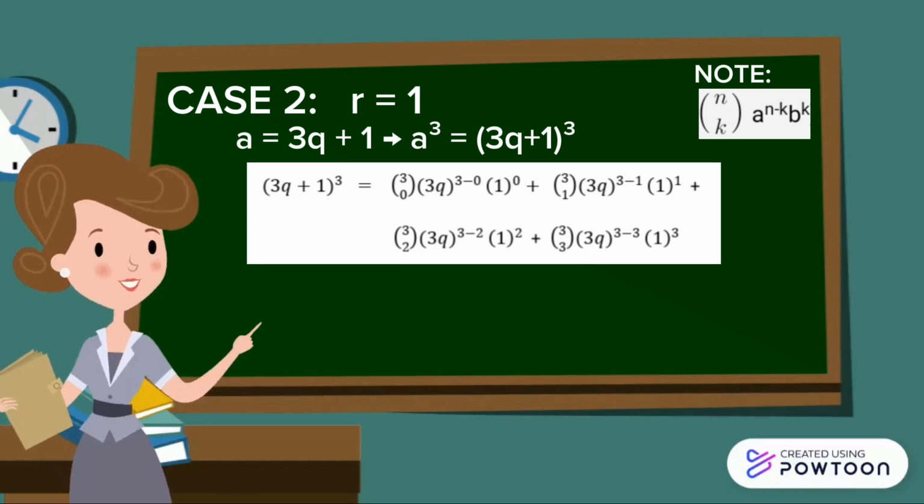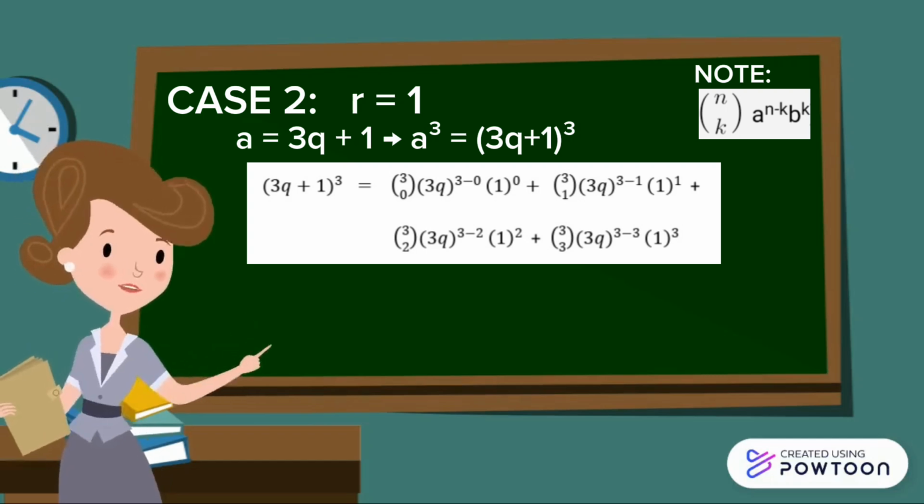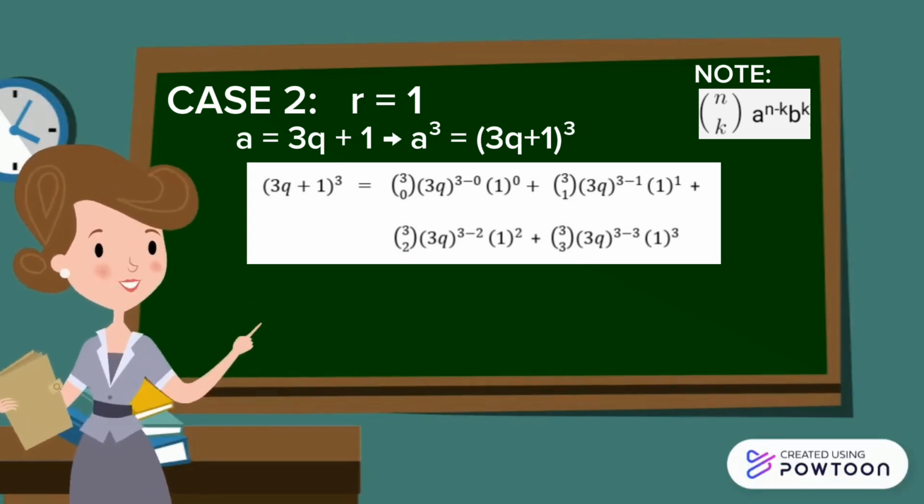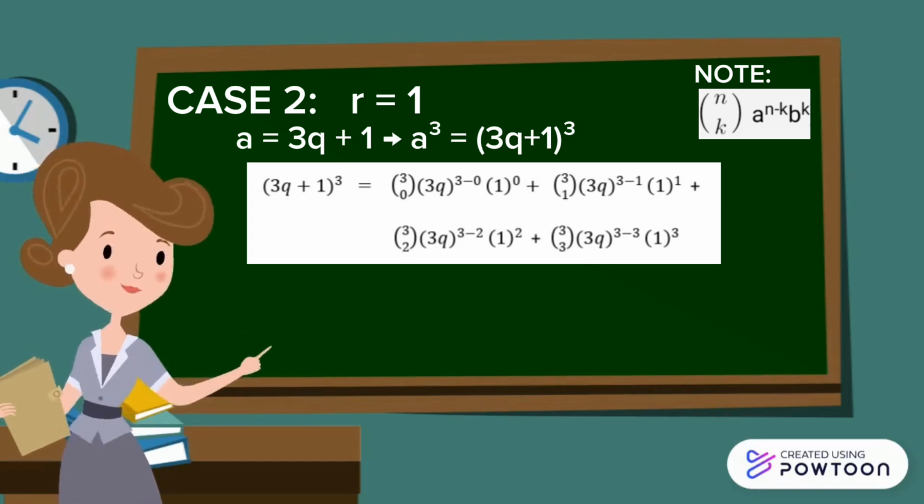Applying the formula, we can get the quantity of 3q plus 1 raised to 3 is equal to the quantity of 3 taken 0 times the quantity of 3q raised to 3 minus 0 times the quantity of 1 raised to 0, plus the quantity of 3 taken 1 times the quantity of 3q raised to 3 minus 1 times the quantity of 1 raised to 1, plus the quantity of 3 taken 2 times the quantity of 3q raised to 3 minus 2 times the quantity of 1 raised to 2, plus the quantity of 3 taken 3 times the quantity of 3q raised to 3 minus 3 times the quantity of 1 raised to 3.